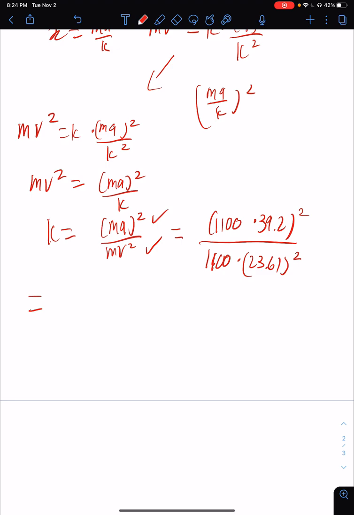The numerator is 1100 times 39.2, squared, which is a pretty big number.